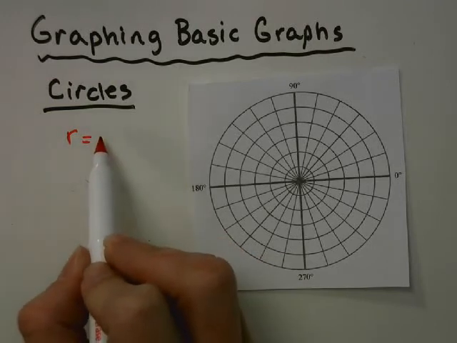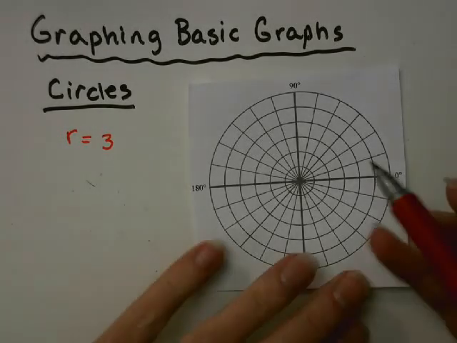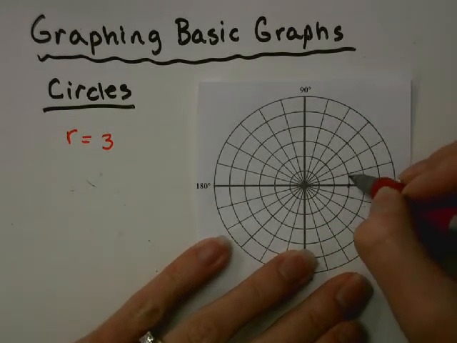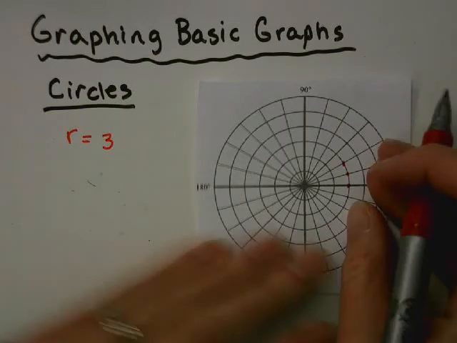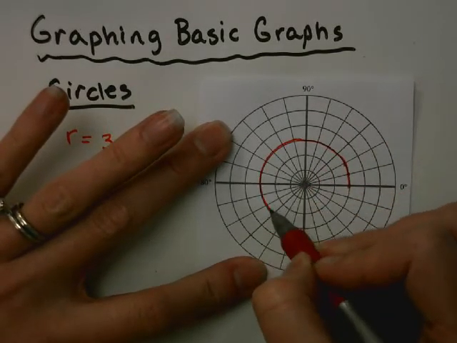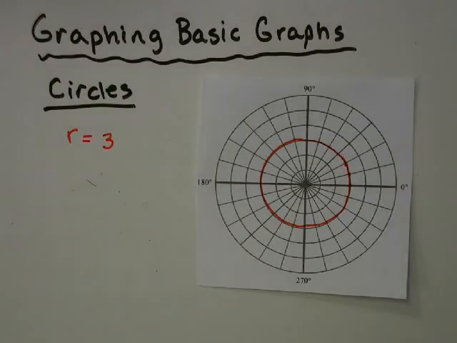So let's say r equals 3. Well, that's going to be all of the coordinates who have an r value of 3. So we're going to go to 1, 2, 3. Here would be (3, 0), (3, 15), (3, 30), and so on. So what it ends up being is a circle at r equals 3.